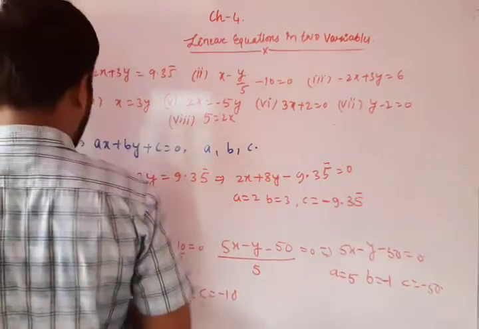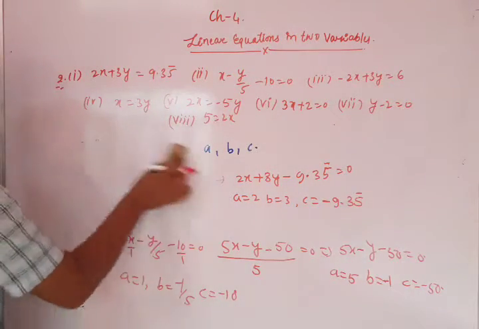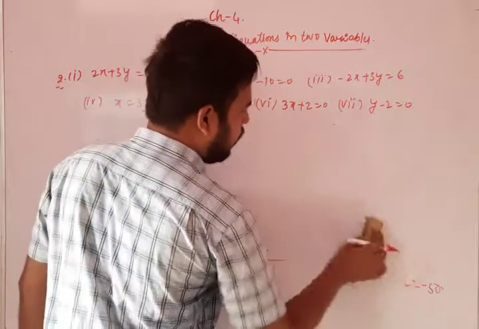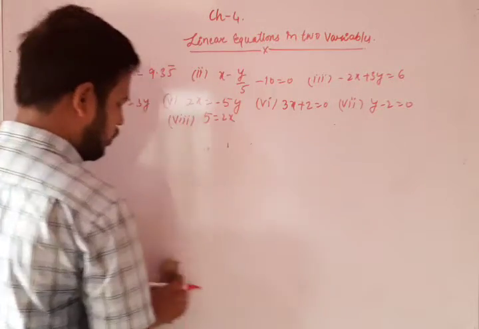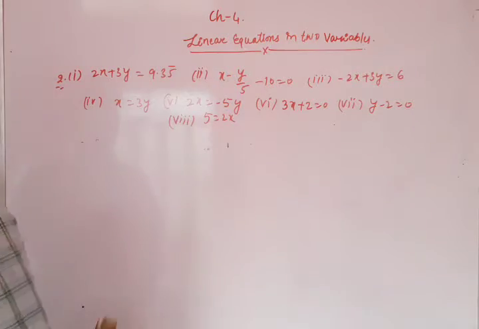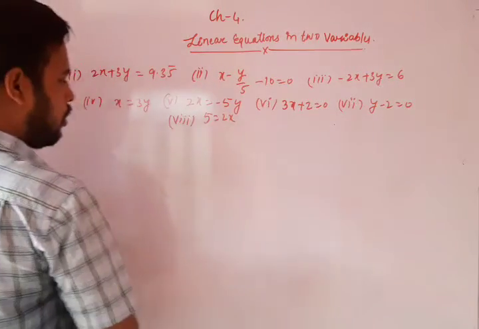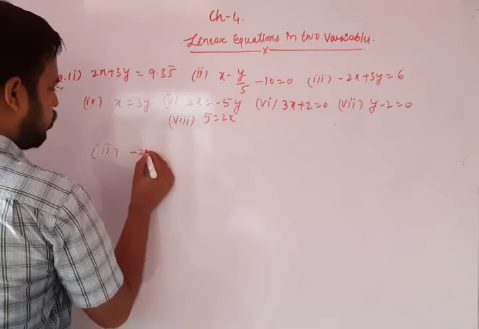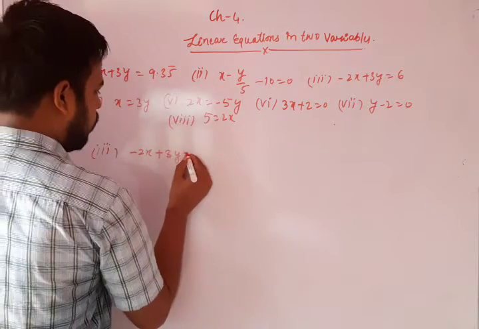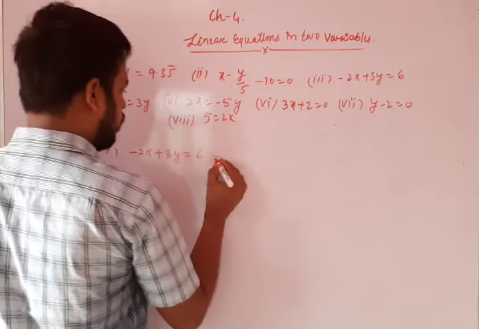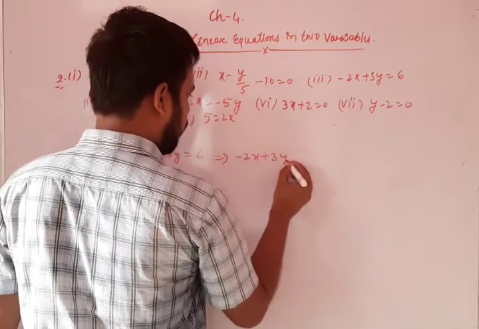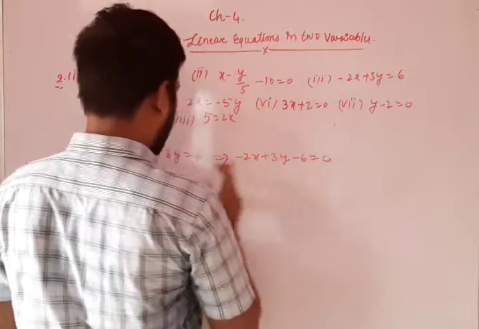Now moving to the next, question number three. Third is minus 2x plus 3y equals 6, changing into minus 2x plus 3y plus 6 equals 0.